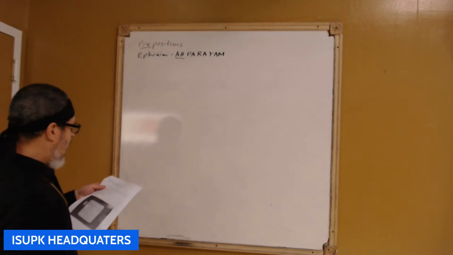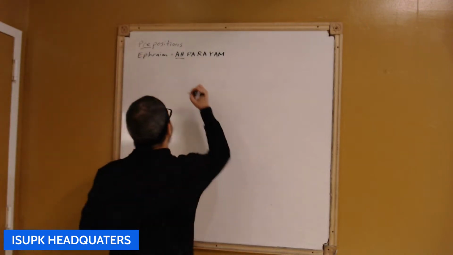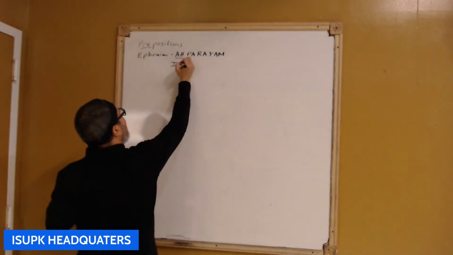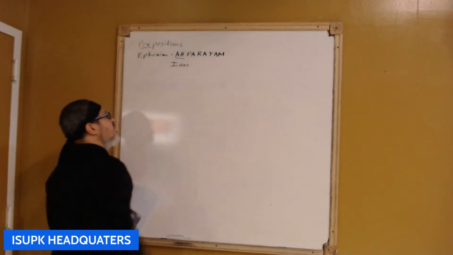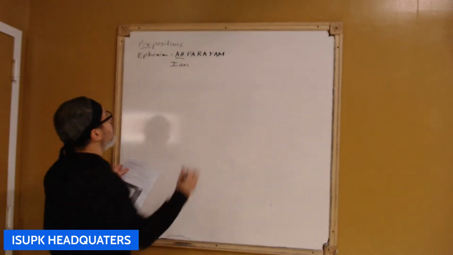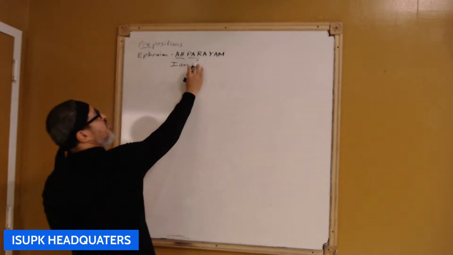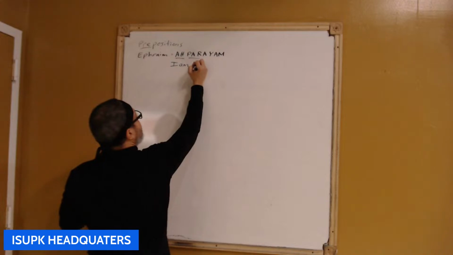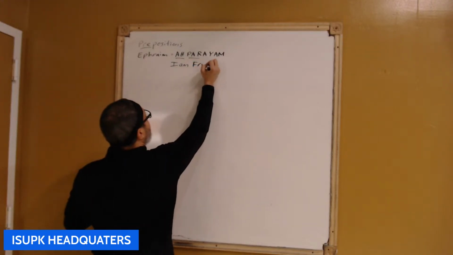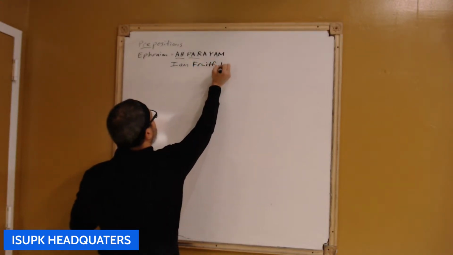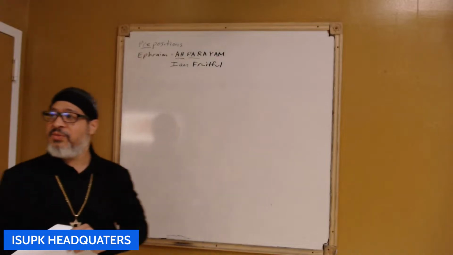Okay. And that ah, as we just learned, is equal to I am. This is a preposition that happened in the front. Now, par is fruit, so that would be considered the root word. So essentially means I am fruitful. That's what a par means.